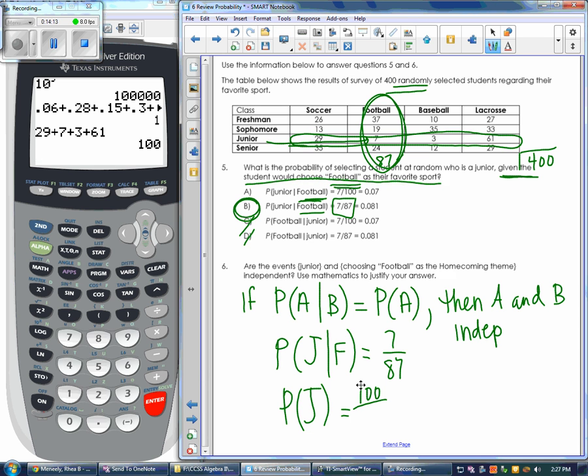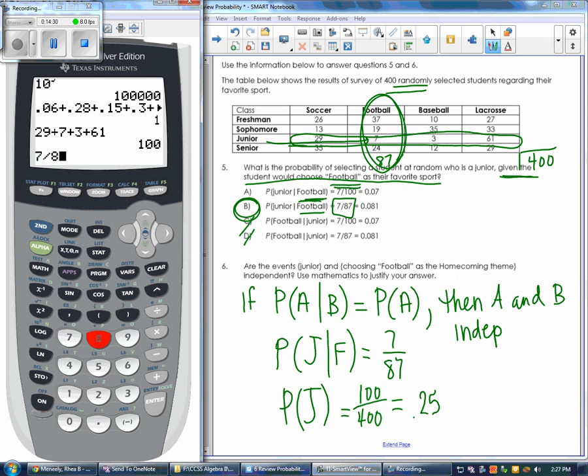And if I'm choosing a junior, I'm choosing them out of the whole group, and so that denominator is going to be the 400 people in my sample. And 100 out of 400 is actually going to be 0.25. And if I double check in the other fraction, 7 over 87, if I reduce that to a decimal, I get 0.08.